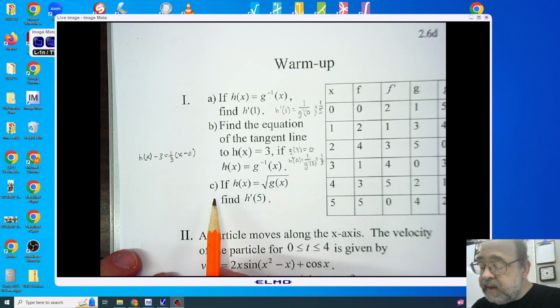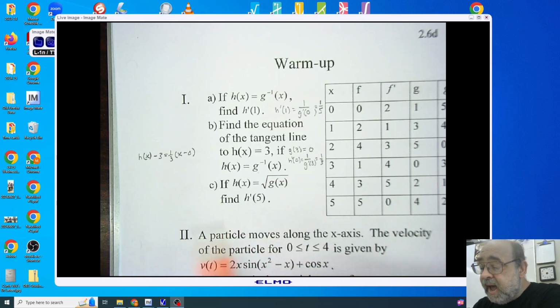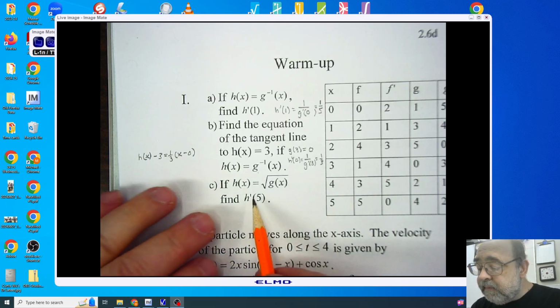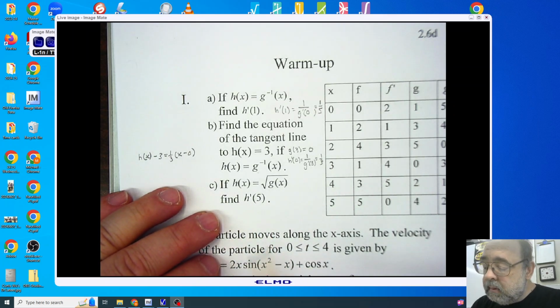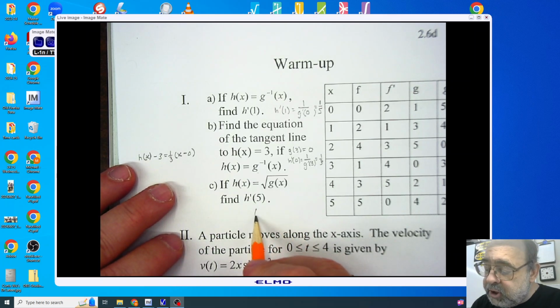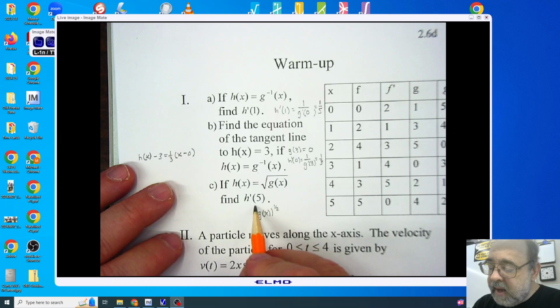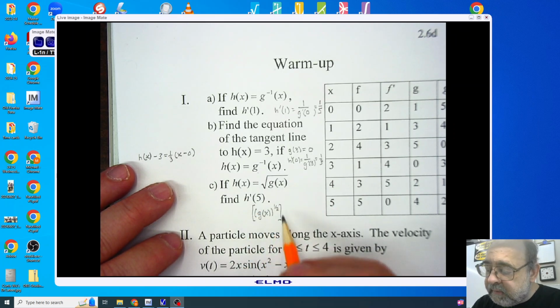We're now going to go to C. We're now told that h of x is the square root of g of x. They want me to find h prime of 5. So I'm going to look at it as g of x to the 1/2 power, and take the derivative, d/dx.